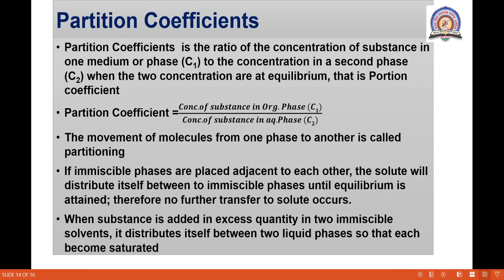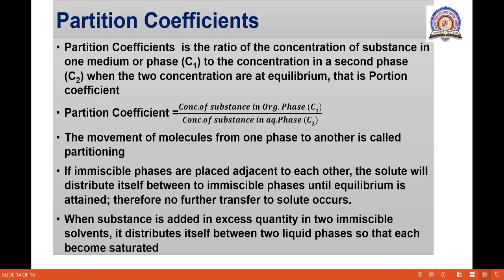Partition coefficient is equal to the concentration of the substance in the organic phase, that is C1, to the concentration of the substance in the aqueous phase. The movement of molecules from one phase to the other is called partitioning, right? If immiscible phases are placed adjacent to each other, the solute will distribute itself between the two immiscible phases until equilibrium is attained.